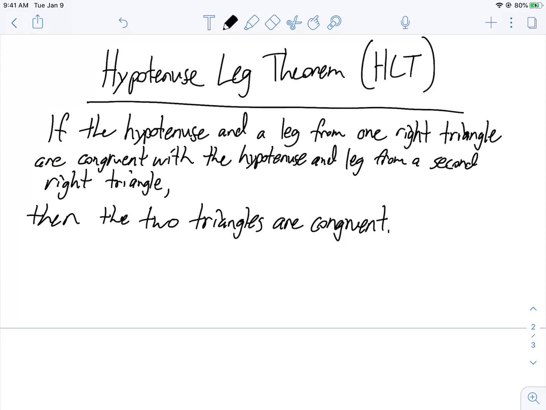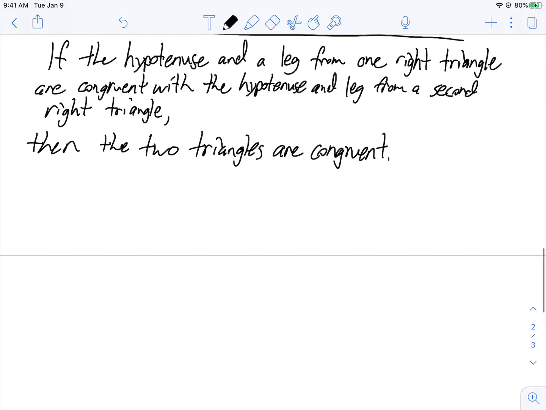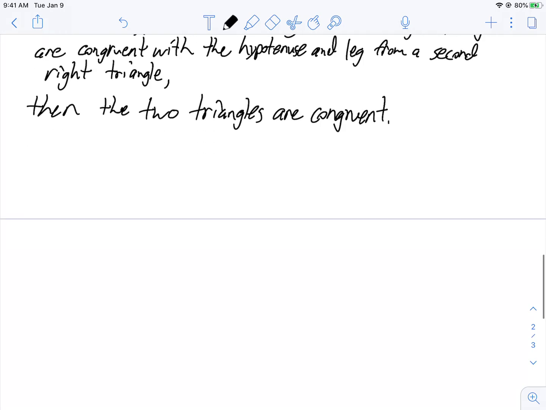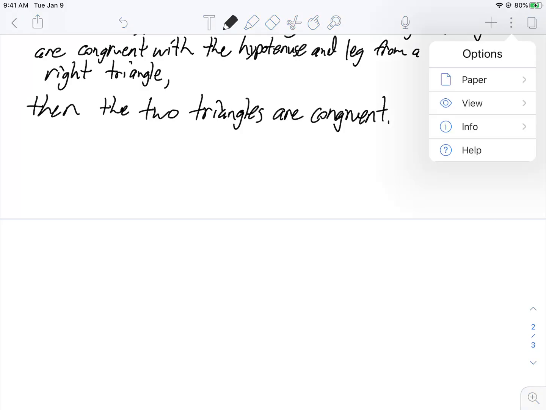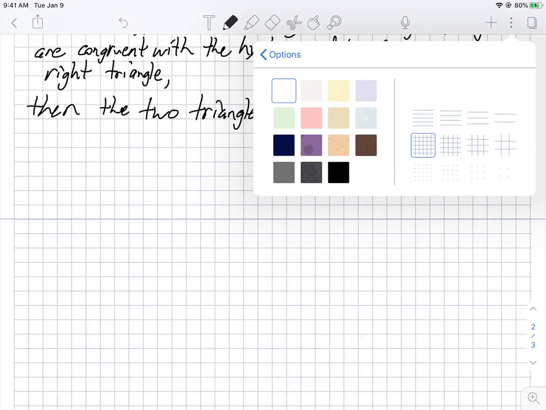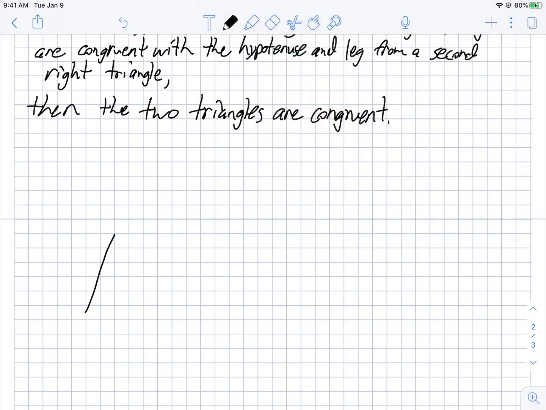I don't know how well it's going to go, but let's go over why that is. Let's go to graph paper so we can have this accurate.